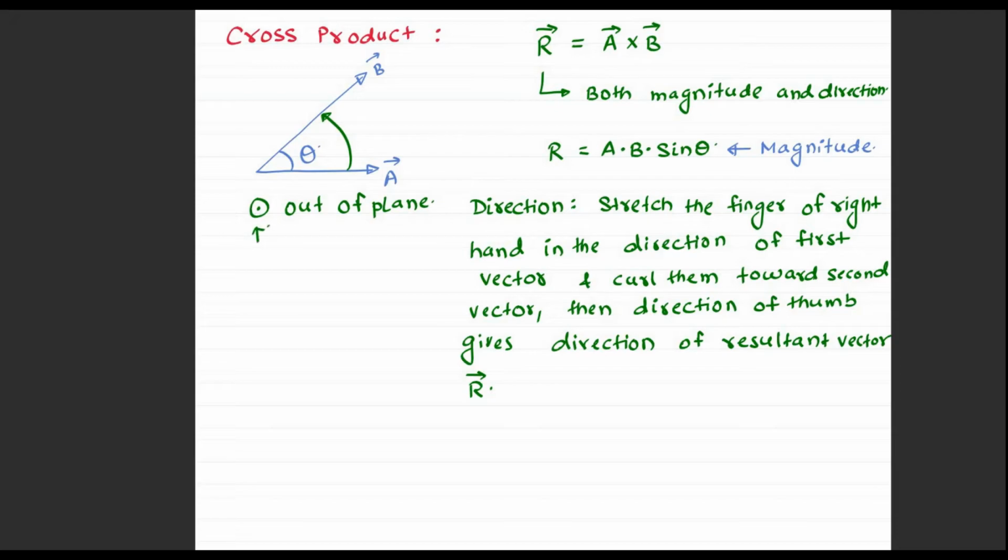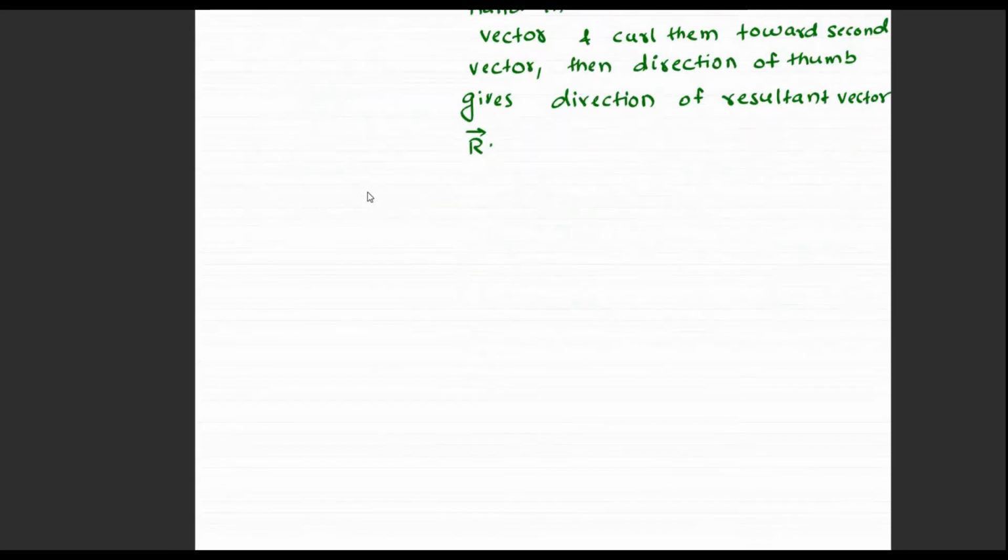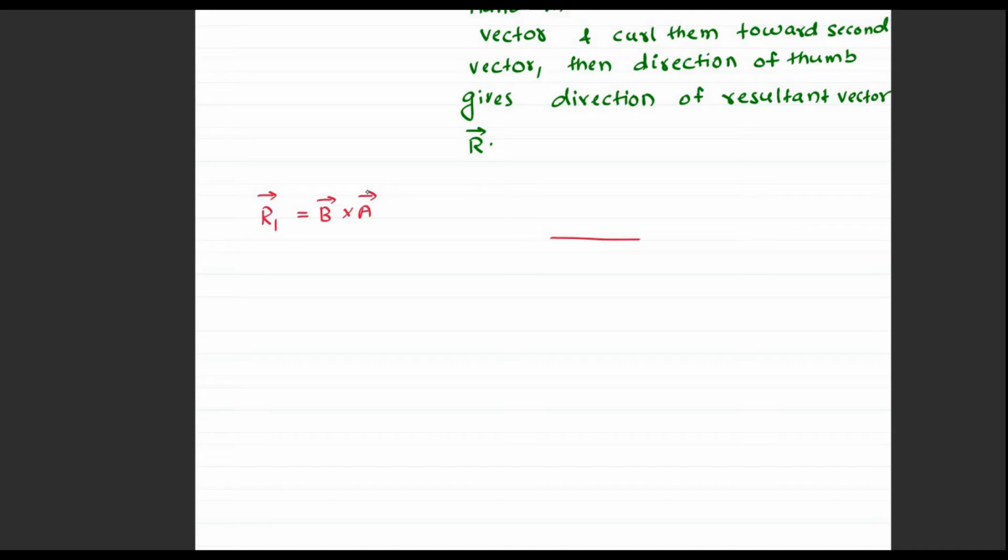Okay, correct. Similarly, if there was a resultant for B cross A, so if you go for B cross A, if you keep your fingers in direction of B and then curl them towards second vector, which is A, thumbs will point into the plane. So this resultant will be into the plane.